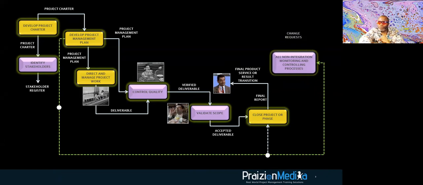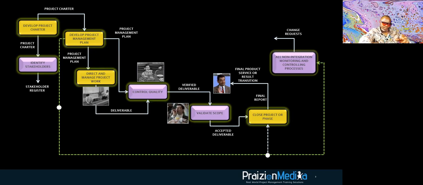But there's one I want to call out. All of these non-integration processes in monitoring and controlling, they all give you change requests. Now, I'm not saying that's the only place change requests come from, but it's very common that if you are in control scope, control schedule, control cost, control quality, right?